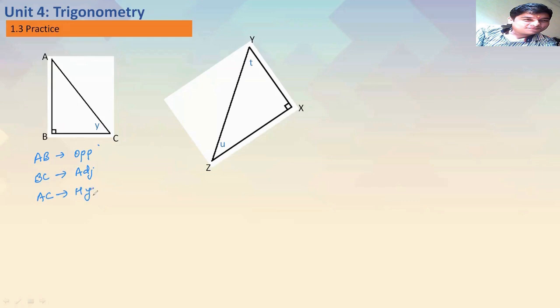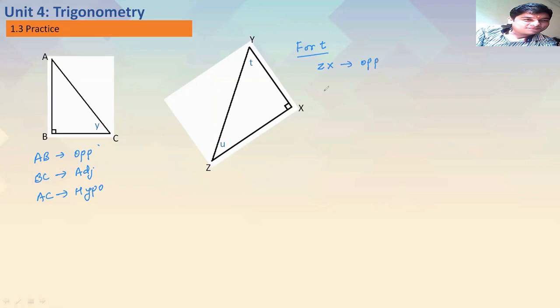If I ask you about angle T in the second figure, if angle T is the angle of reference, then which one will be the opposite side? Opposite would be ZX. Yes, ZX would be the opposite side. Very good.